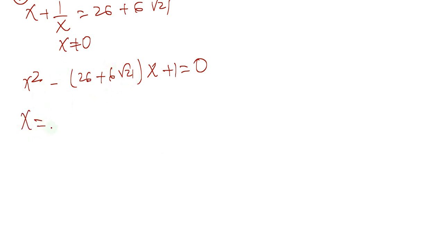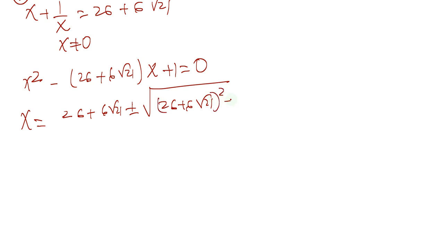So x then is going to be equal to minus b, which is 26 plus 6 square root of 21, right? Plus or minus square root of 26 plus 6 square root of 21 squared minus 4, right? And all divided by 2.